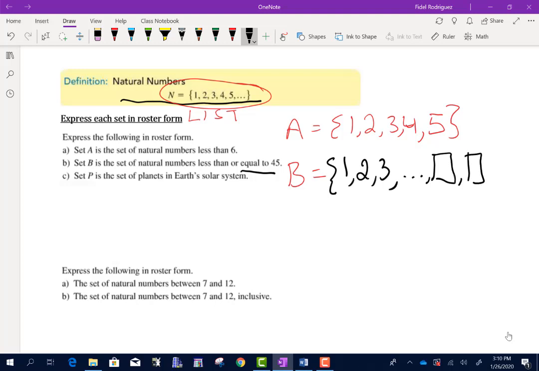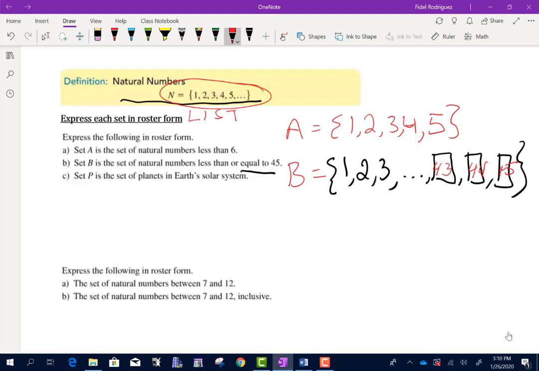And they might even have up to 3 little boxes. And in those boxes, we're going to have to place, for instance, the last 3 numbers. Now look what it says, less than or equal to 45. So in my last box, I would write the number 45. The one before would be 44, and the one before that would be 43. Okay?